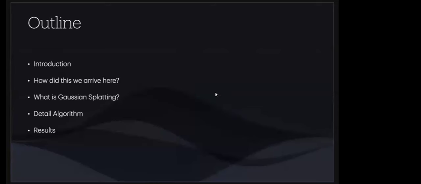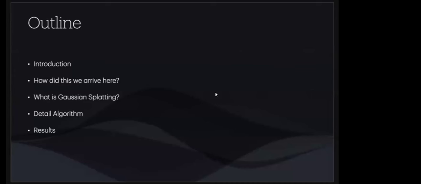So for this outline, we are going to look at the introduction. How did we actually arrive here? What happened? We will try to understand from the basics what was being used before and what is being used now. We will also deep dive into Gaussian splatting. A lot of intimidating equations, but don't worry, I'll try to make it as simple as possible.